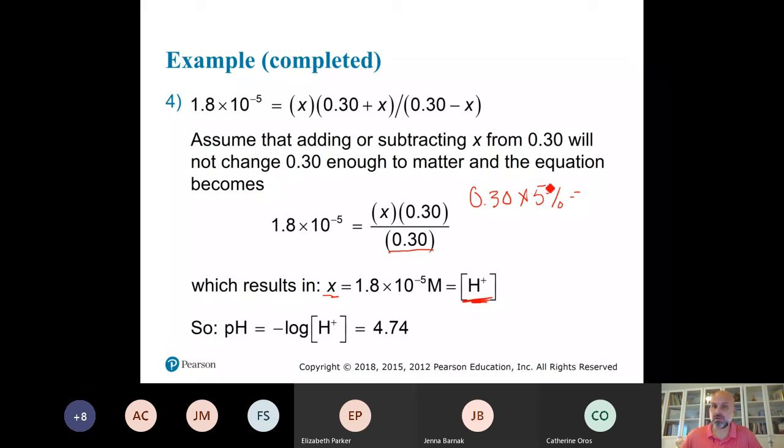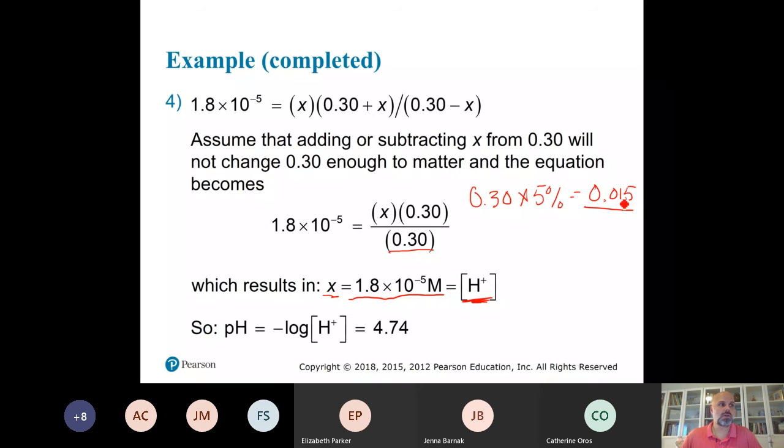So it would be 0.015. If this solution were 0.015 molar, then we would have to use the quadratic equation.